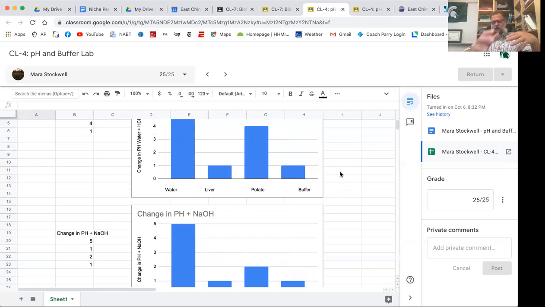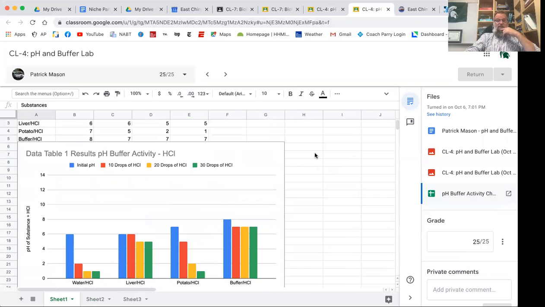And the connection we're trying to get folks to make is water has no buffering capacity, but living cells, liver cells and potato cells, they contain these chemicals called buffers, which are forms of salts. And these buffers provide an ability to resist changes in pH. So buffers are the key to maintaining homeostasis.